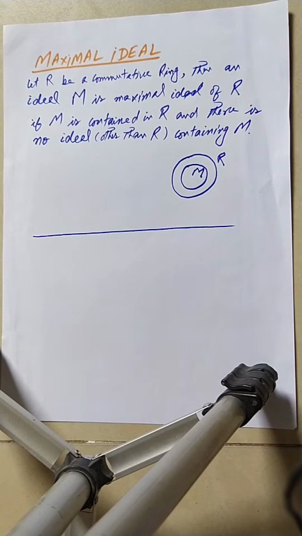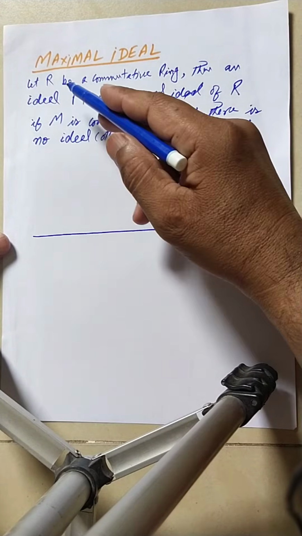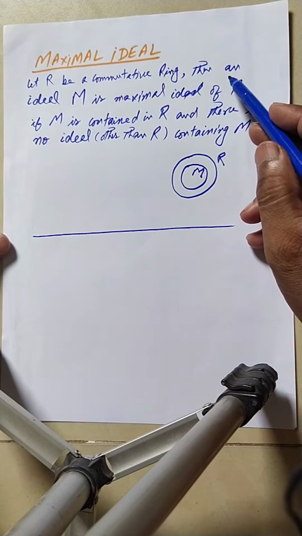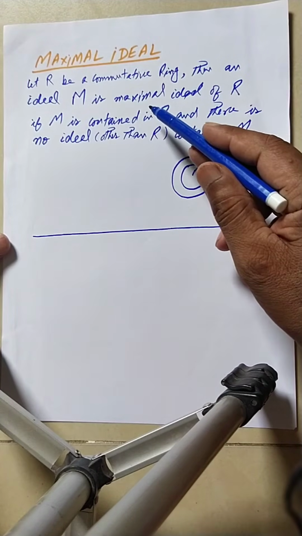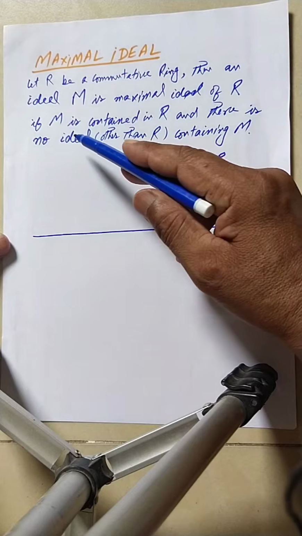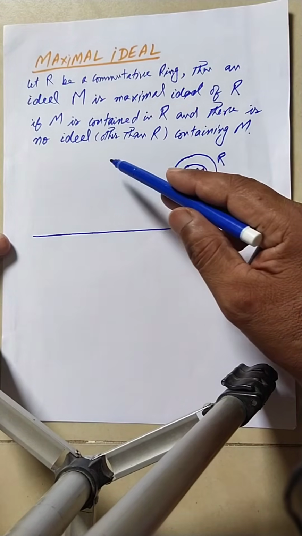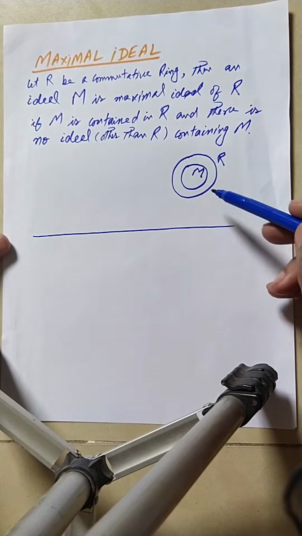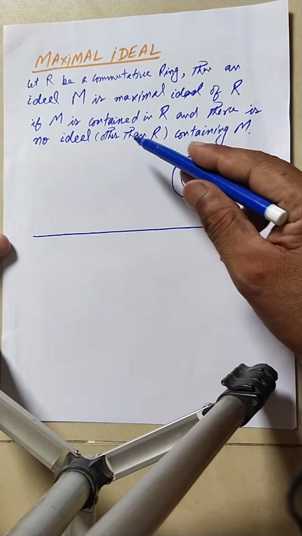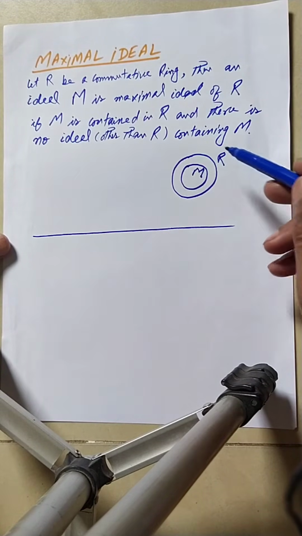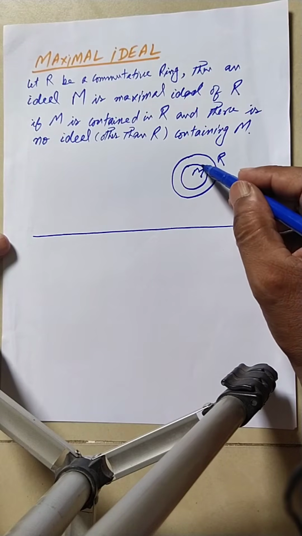Before finding the maximal ideals of Z8, Z10, Z12 and Z36, first I would like to define what is a maximal ideal. Let R be a commutative ring, then an ideal M is a maximal ideal of R if M is contained in R and there is no other ideal in R which contains M. Between R and M, there is no ideal.